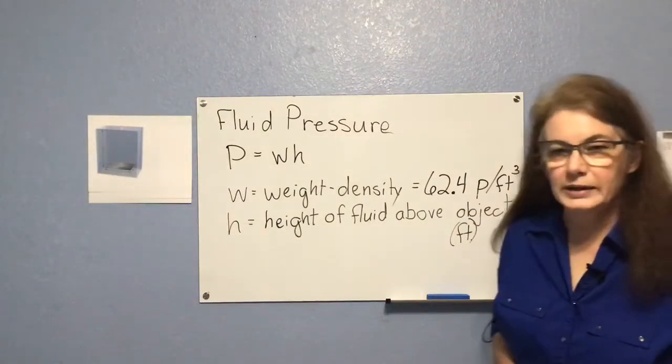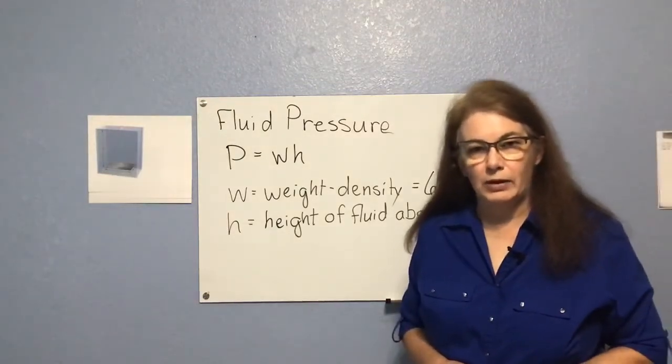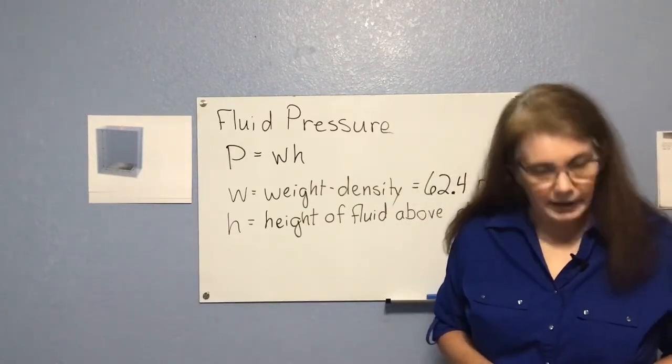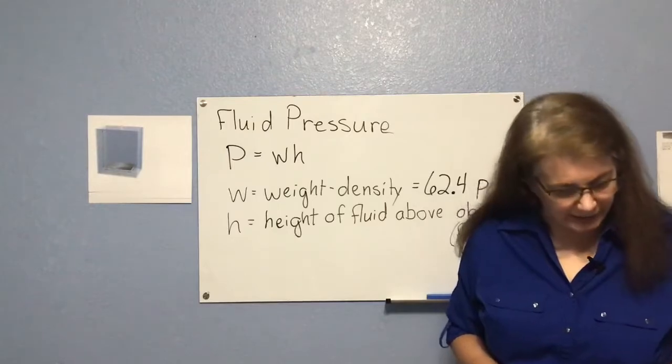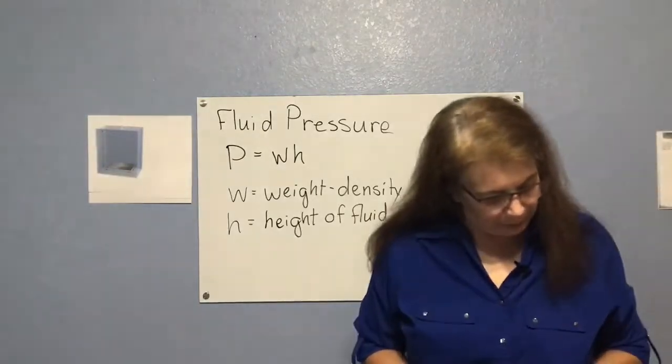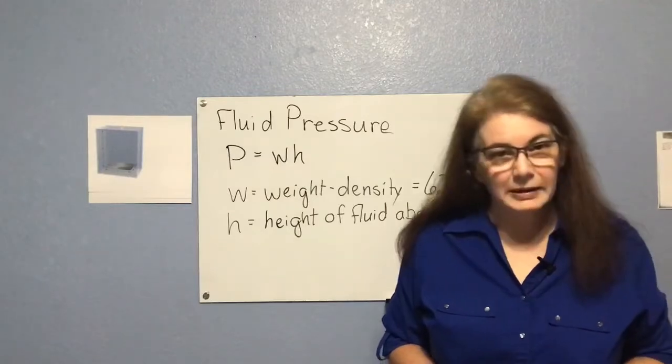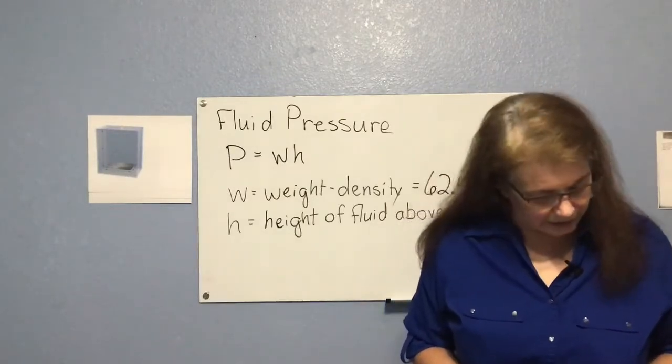Okay, working these problems, we're going to use something called Pascal's principle. Okay, and Pascal's principle tells us that the pressure exerted by a fluid at a depth h is transmitted equally in all directions.